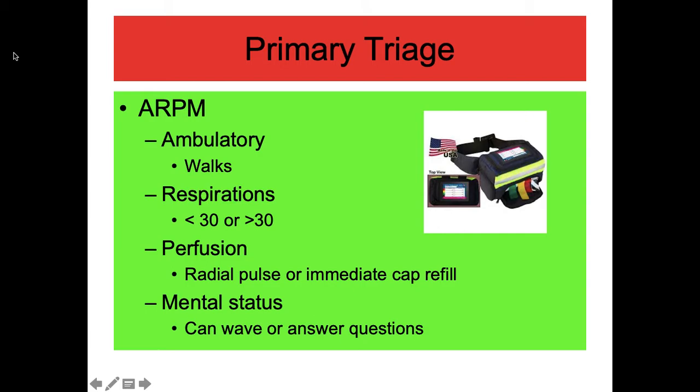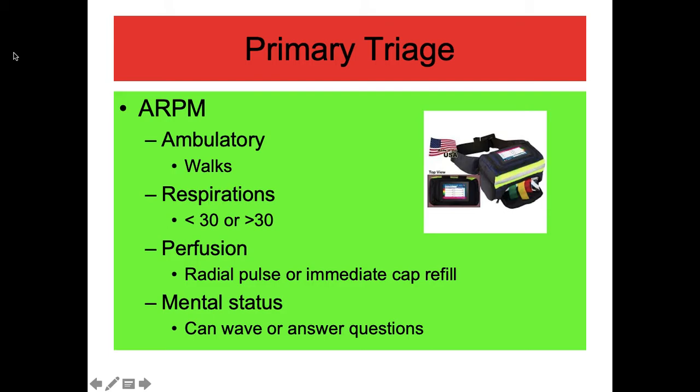If you don't feel a radial pulse, they're automatically a red category patient. If they're squirting blood, if they have arterial bleeding, and you apply a tourniquet to stop the bleeding, no matter whether they have a radial pulse or not, they get a red category immediate tag, or ribbon, I guess, and they are red categorized.